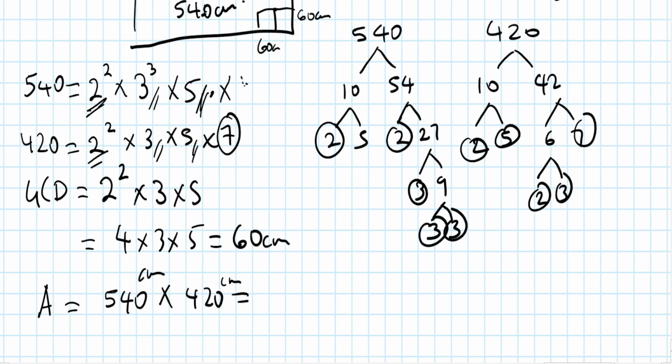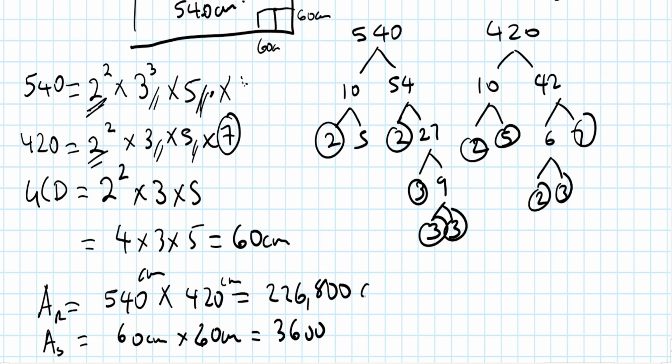540 times 420 is going to give us 226,800. That's for the rectangle. For the square, it is going to be 60 times 60, which will give us 3,600. Okay, and then divide these two.